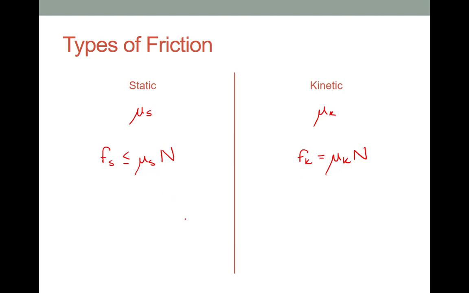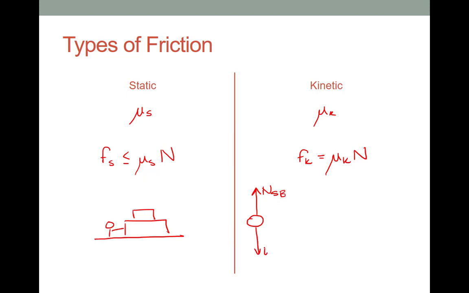If we think about an example we had a little bit ago, where we had two blocks stacked on top of each other, and I look at a person pushing on the lower block, in this case, I have multiple normal forces on that lower block. I have a normal force between the surface and the bottom block.